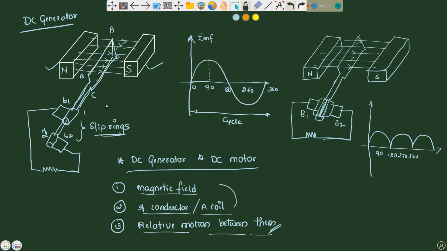The two brushes on the slip rings, B1 and B2, collect the current induced in the coil and give it to the external load. It might be a resistive, inductive or capacitive load, or a combined RLC load. Understood, sir?